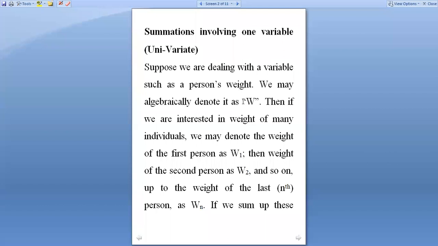For example, here we use a symbol, a letter W, to represent weight. Because in statistics, we always want to summarize everything. We don't want lengthy write-ups. So instead of writing the full word weight, you simply write W to represent weight, as long as you are able to define it.